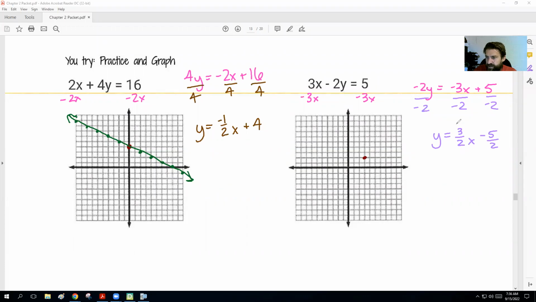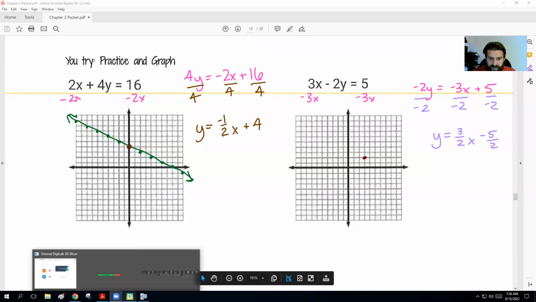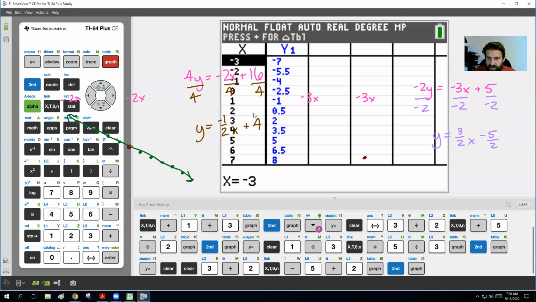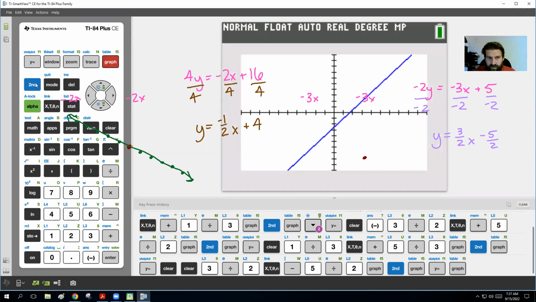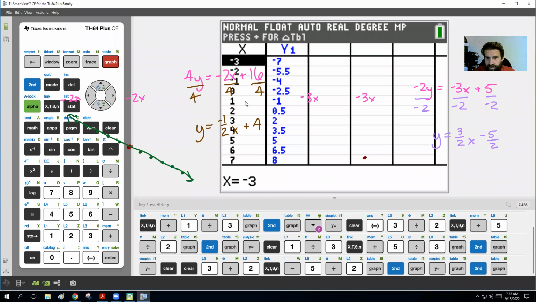All right, and then we're going to use the slope of, oh, did I do that right? I'm going to double check that. Doesn't seem right, I feel like I messed up. X is 3, y is 2. 3 over 2x. Zero is at negative 2.5.